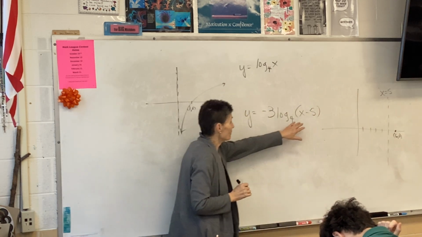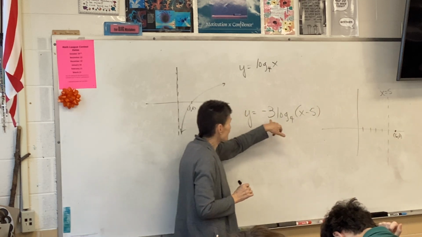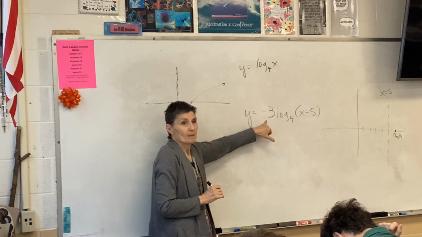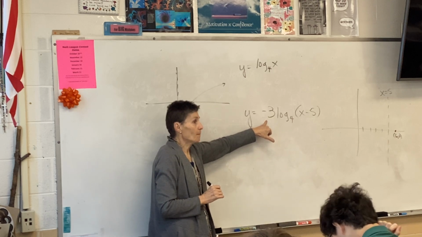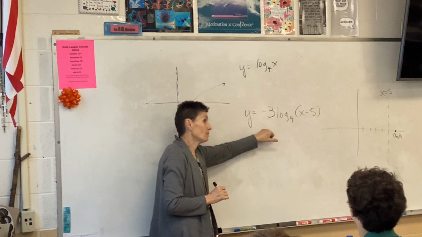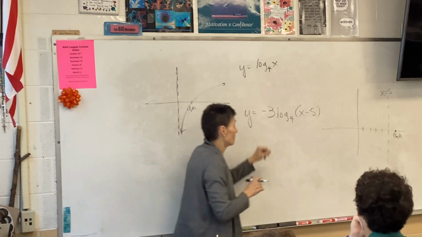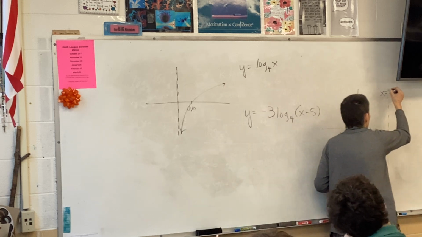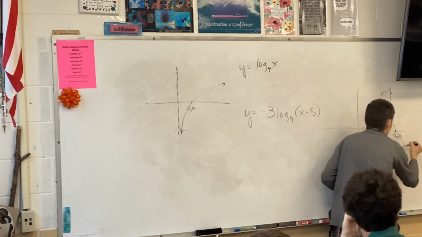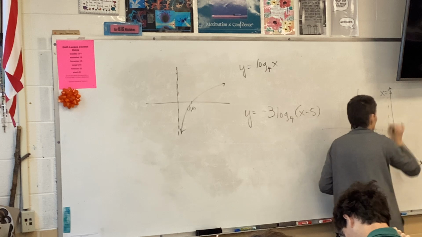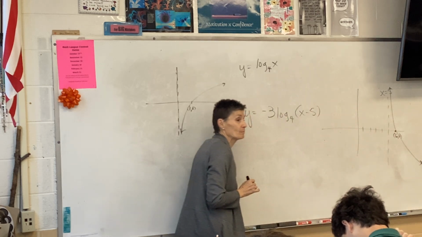So that takes care of that. Everybody get there? What does the negative do? That's going to make it upside down and steeper. In terms of end behavior, the steeper part doesn't matter, but the upside down part matters. So now it's going to look like this. Would everybody agree with that?